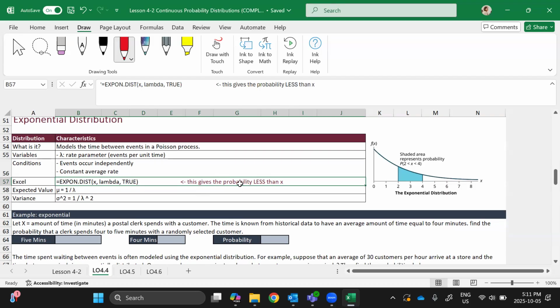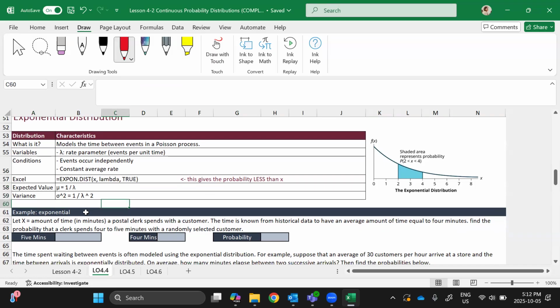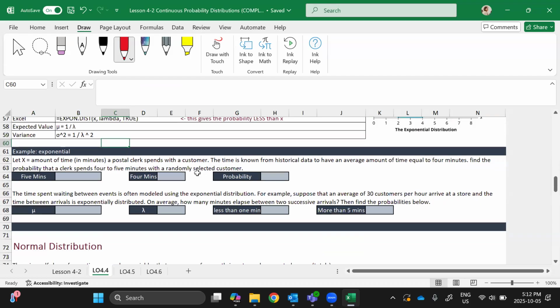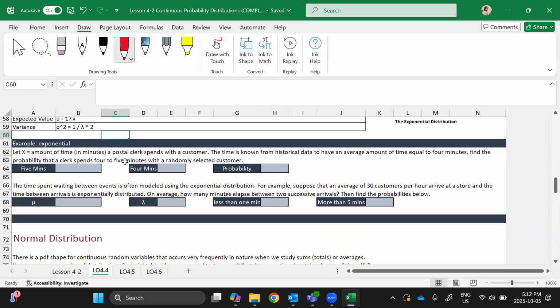I'll show you what that means with an example. You can also get shortcuts for the expected value and the variance. For the expected value, the calculation will be 1 over your lambda rate parameter, and for variance, it's 1 over lambda squared.